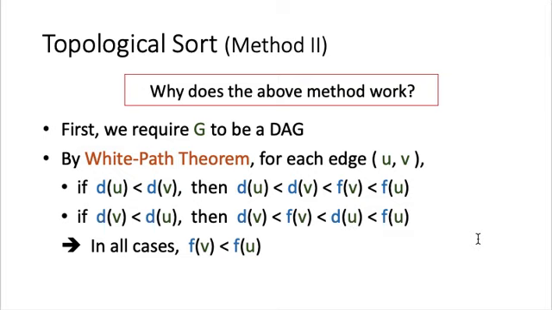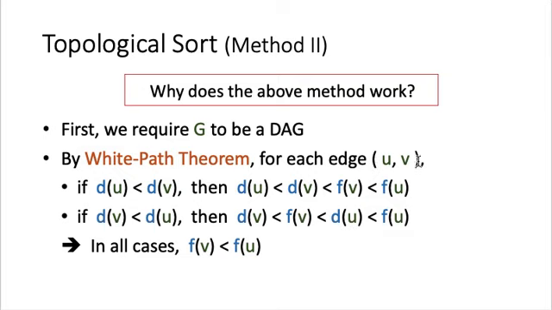So why does this method work? First of all, we require that the input graph is a DAG. And also we have already studied the white path theorem. So we are proving why this method works.